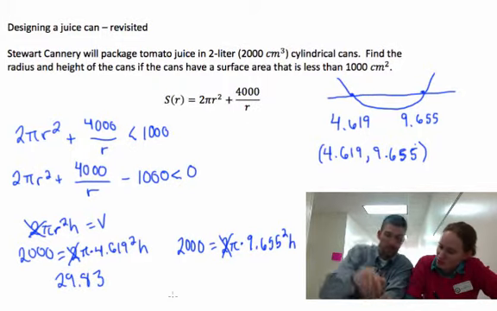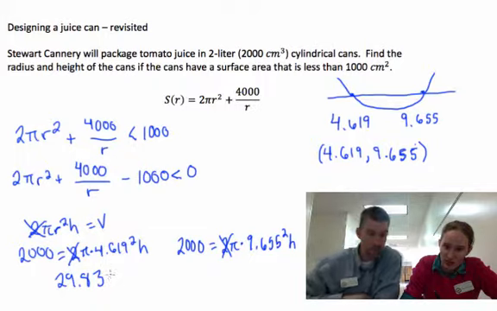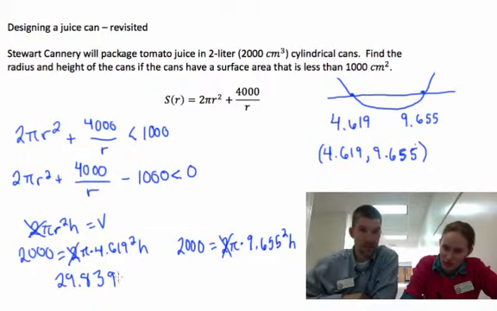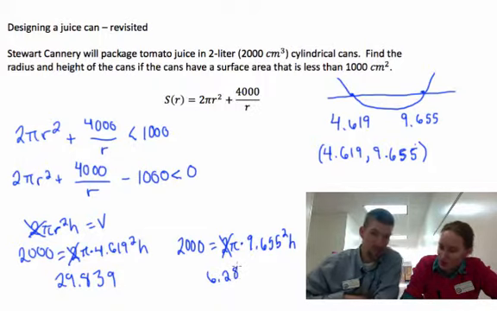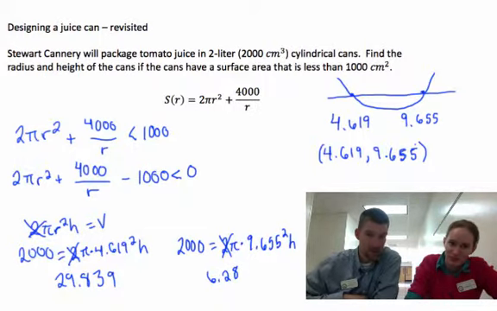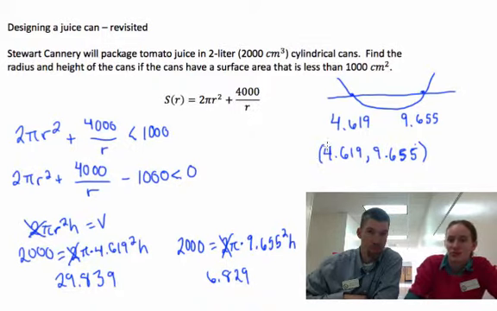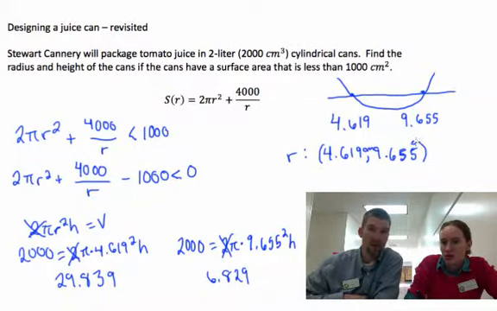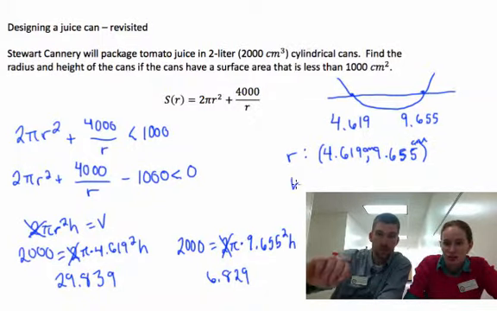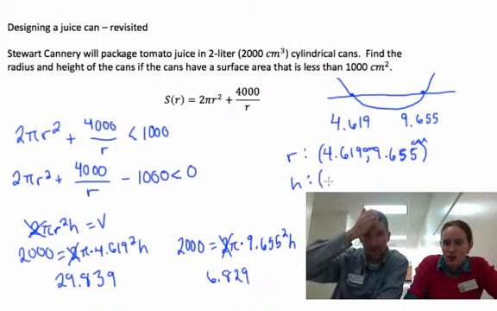So our range for the radius, in centimeters, is between 4.619 and 9.655.